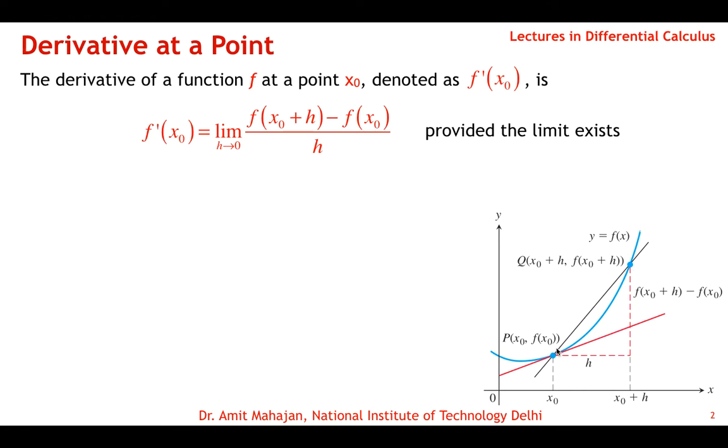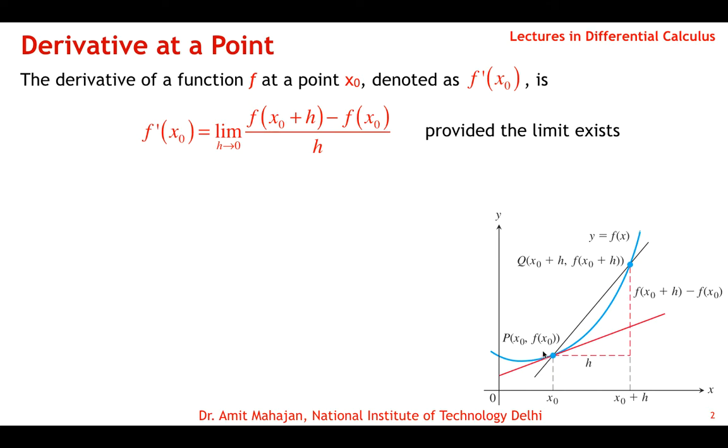Okay, so this secant will become a tangent to the curve at the point p. So this limit h goes to 0 of the difference quotient can be interpreted as the slope of the curve at the point p.